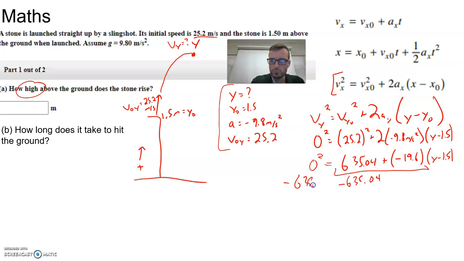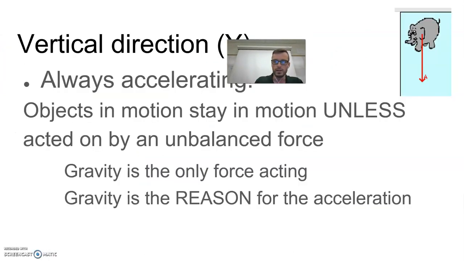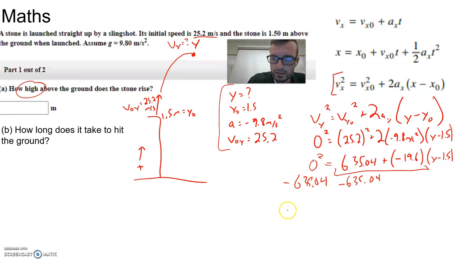635.04 from both sides. And so that would get us, I'll clean it up a little bit, negative 635.04 equals negative 19.6 times y minus 1.5.